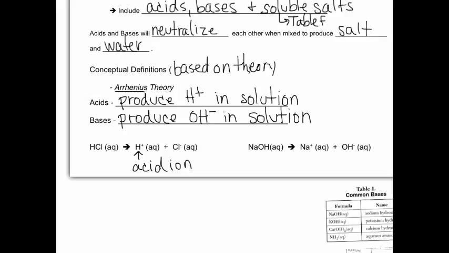On the other side here, we have NaOH, which we said is a common base. And when we dissolve it in water, it's going to dissociate into its two ions, which one happens to be the polyatomic ion hydroxide. That hydroxide ion is the base ion according to the Arrhenius theory. So that's what makes sodium hydroxide a base.